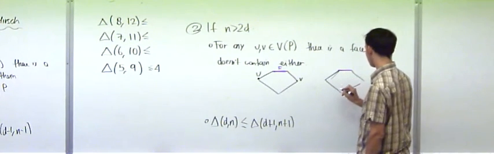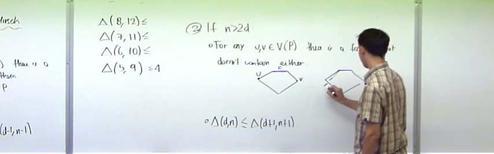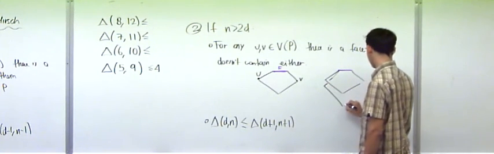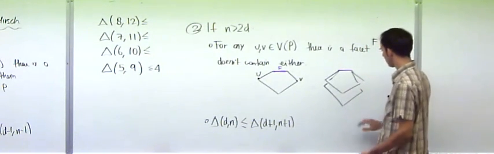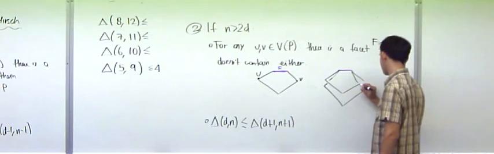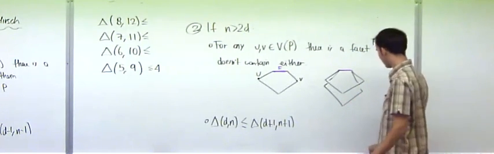It's going to be hard to make this look three-dimensional, but maybe like this. Okay, you kind of make it open its mouth like that, and then you make a polytope like that.